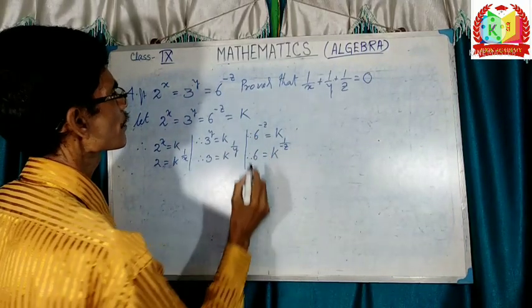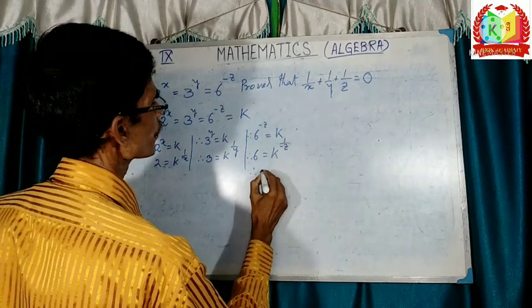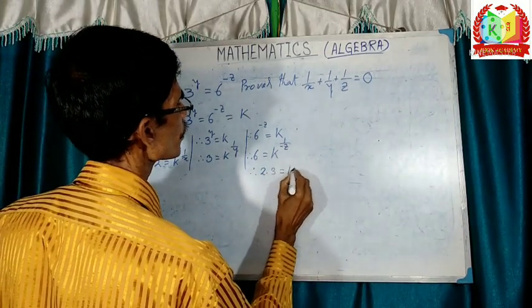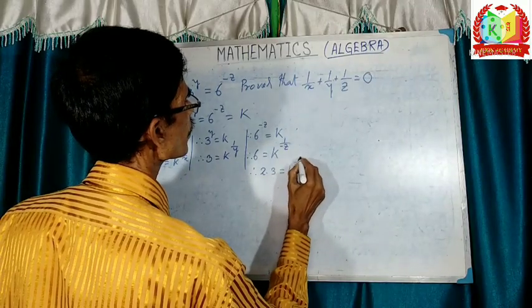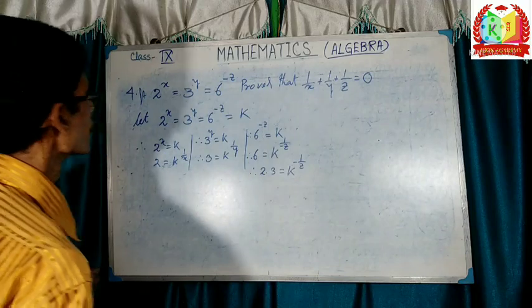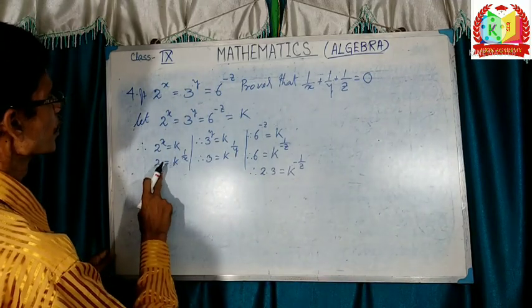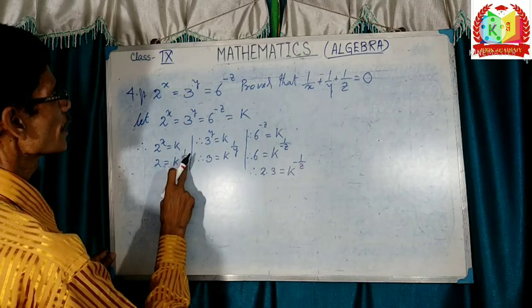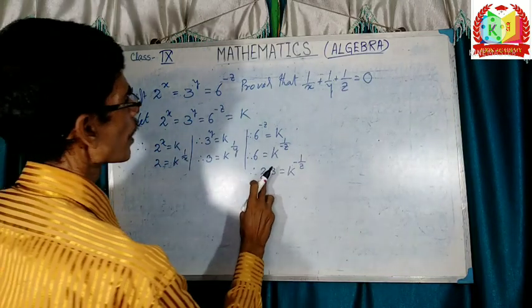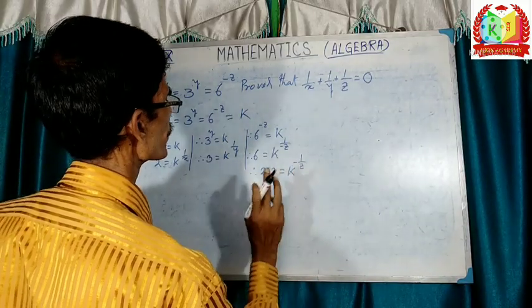Therefore 6, means 2 into 3, equal to k to the power minus 1 by z. Here 2 equal to k to the power 1 by x, 3 equal to k to the power 1 by y.